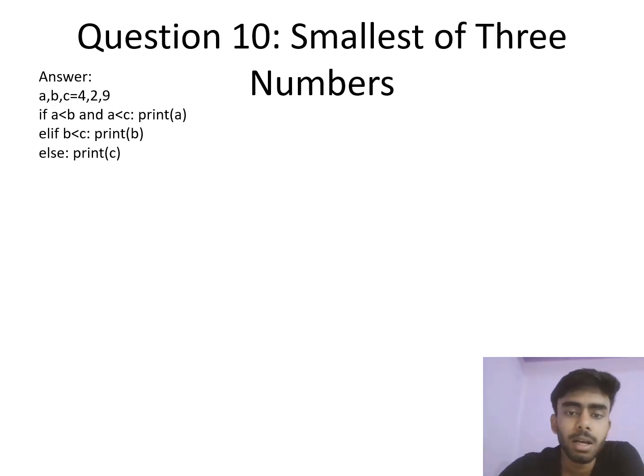In this question, you have to find the smallest of three numbers. Previously we have done the greatest of three numbers, now we are doing the smallest of three numbers. The code for that will be: if A is less than B and A is less than C, then print A. Else if B is less than C, then print B. Else print C. So check over here which condition is correct.